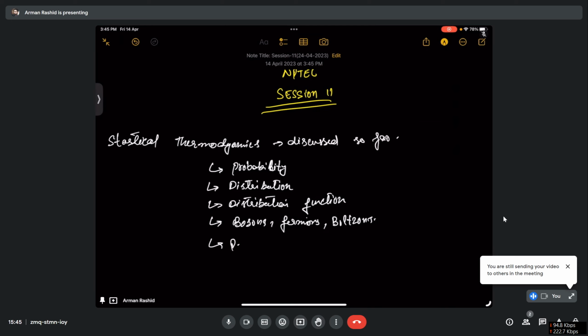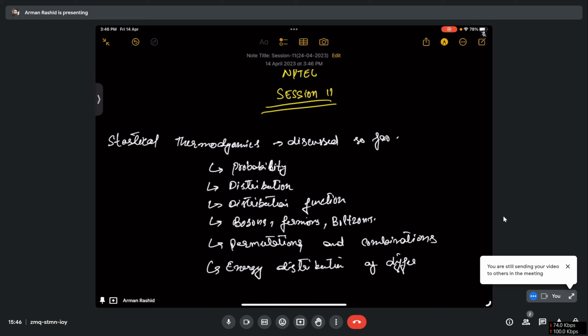Then I have given the concept about permutations and combinations. In this I have discussed how we can distribute energy of different particles.